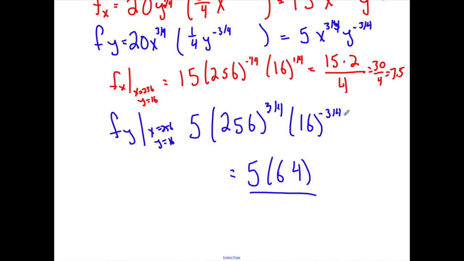Okay, here, if you remember, we did the 16 to the 1/4, that was 2. So now you do 2 cubed, that's 8. And since it's negative, the 8 goes down here. And so this 8 and the 64 cancel, giving you 40.